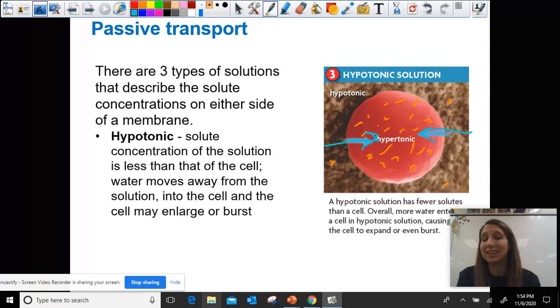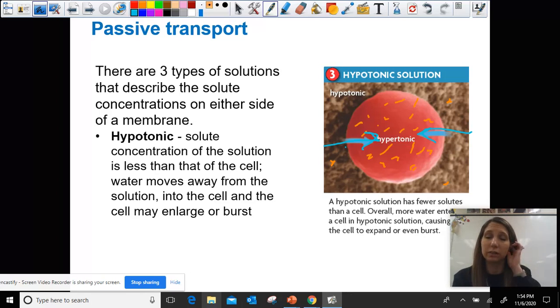So when I say a cell is hypertonic, well, it's hypertonic in comparison to something. It's not hypertonic to everything on the planet. It is just usually going to be hypertonic to whatever it's exposed to. So it may be hypo, it may be iso. But if you have the word hyper, you're going to have hypo in the alternative environment, okay?